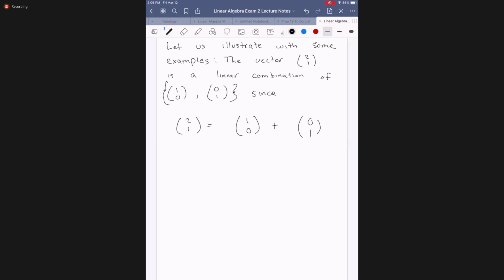Add them together. So what constants would give me this? Well, if I put a 2 here and a 1 there, that would give me the vector (2, 1), right?